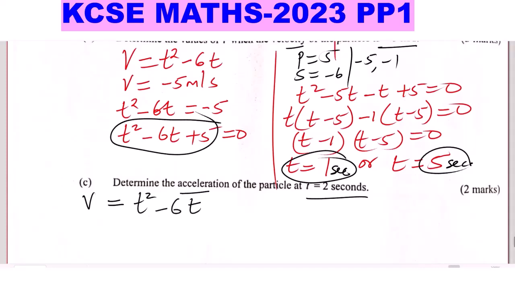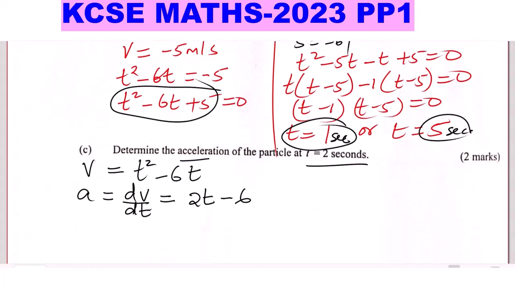Acceleration will be obtained when we differentiate velocity with respect to t, which will be 2t minus 6. So acceleration is equal to 2t minus 6.